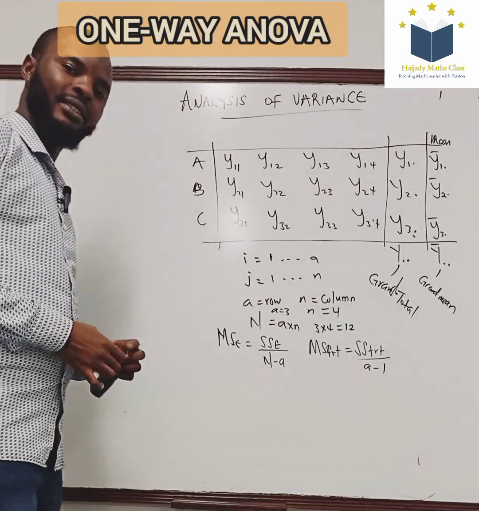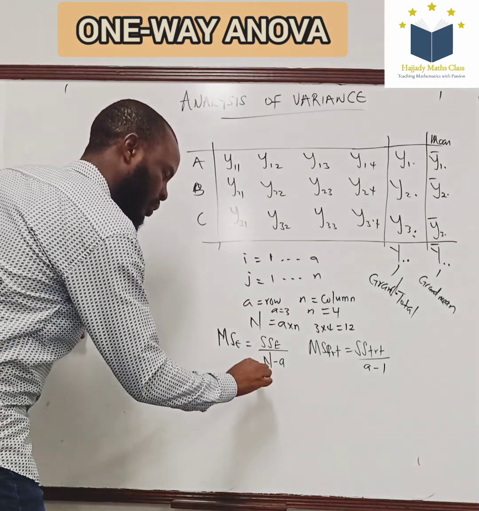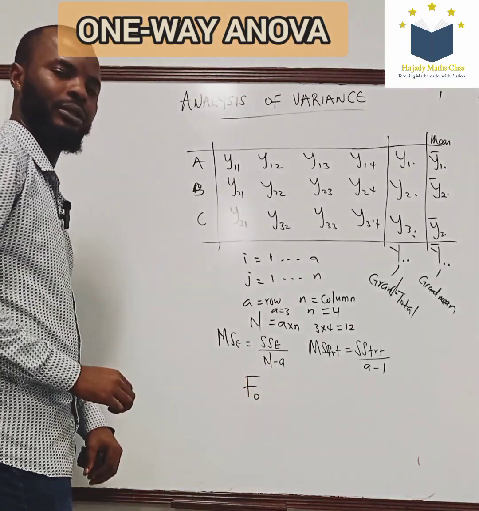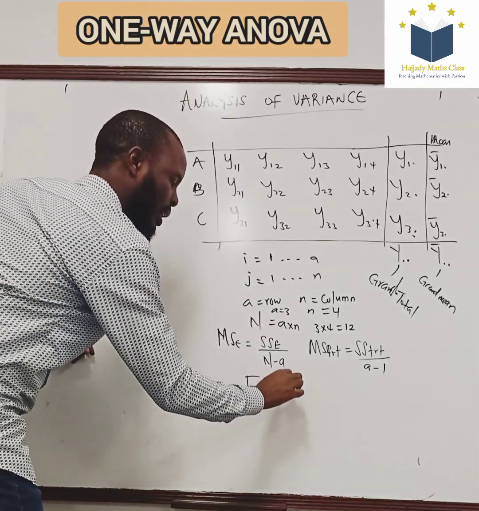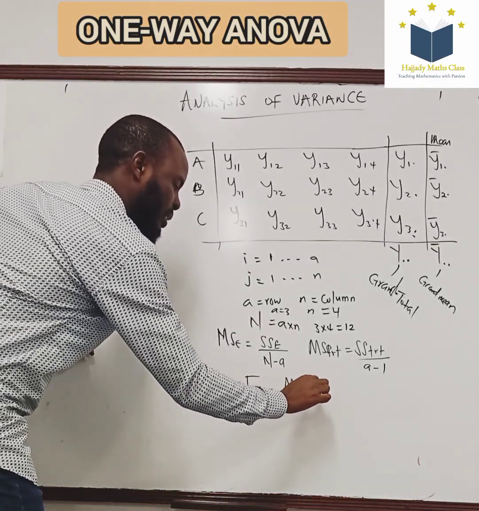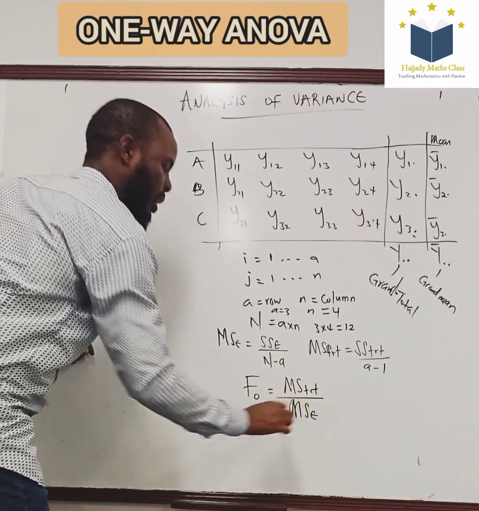For our F statistic, we call it the F observe. You use the formula MS treatment over MS error.